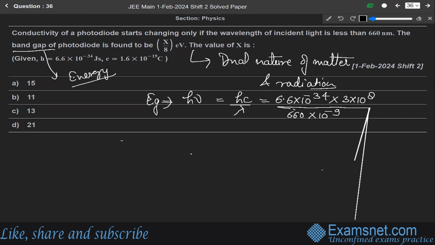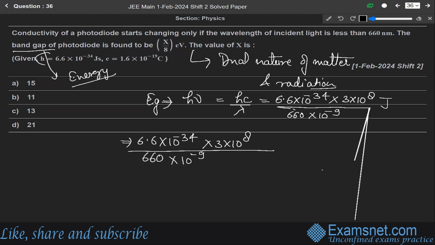Solving it, we get 6.6 into 10 to the power minus 34 into 3 into 10 to the power 8 over 660 into 10 to the power minus 9. At first it is in terms of joule, since Planck's constant is in joule second. So converting joule into electron volt, we multiply the denominator with 1.6 into 10 to the power minus 19. Now it is in the unit of electron volt.